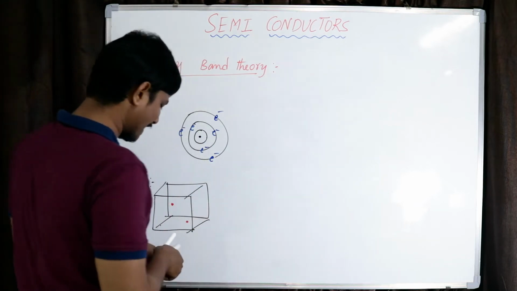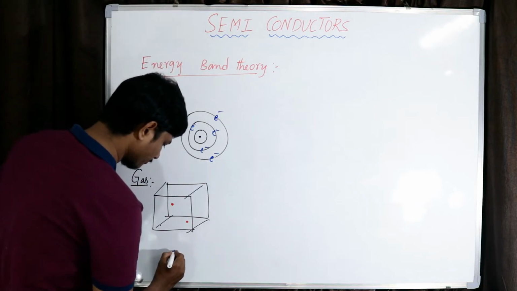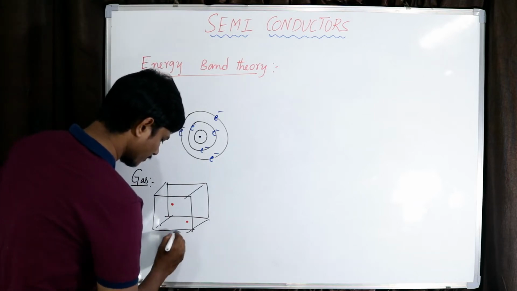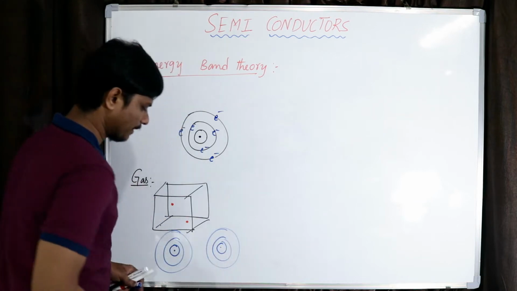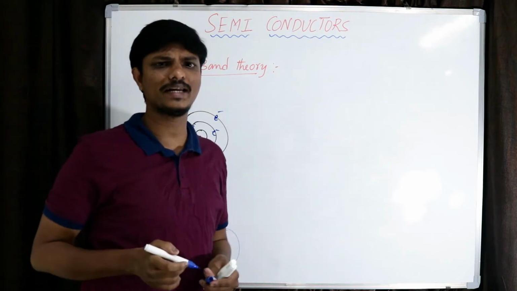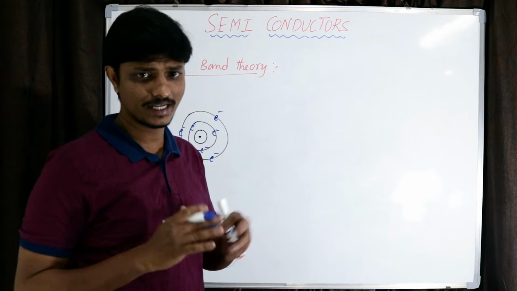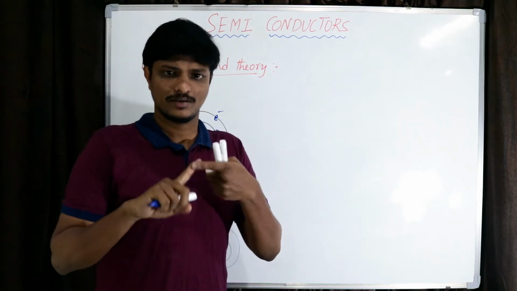So when I am talking about gas molecules and gas atoms, what you will observe is that gas molecules are moving at far distances. The interatomic space of gas molecules is really large. Therefore, no 2 atoms will come into contact, right?